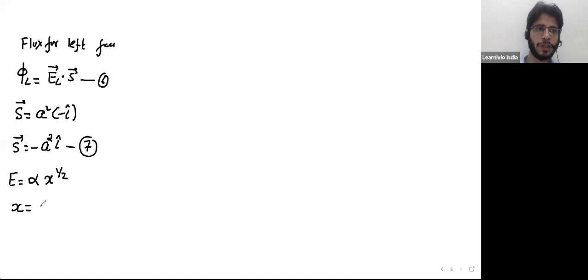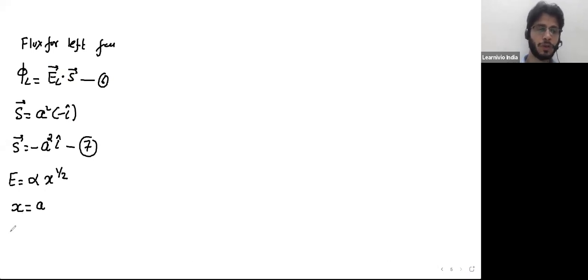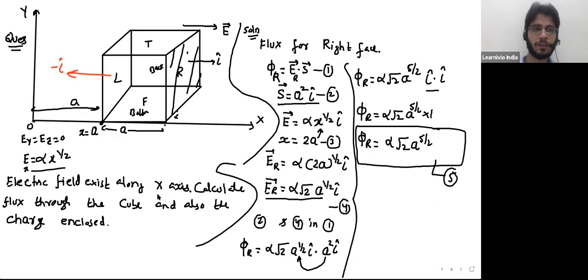So here you will put x equal to a. So when I put the value of a, the electric field will be alpha a to the power half I cap. That's equation number 8. Abdullah, electric field is always along x-axis, it's given. We just have to decide the direction of the face.